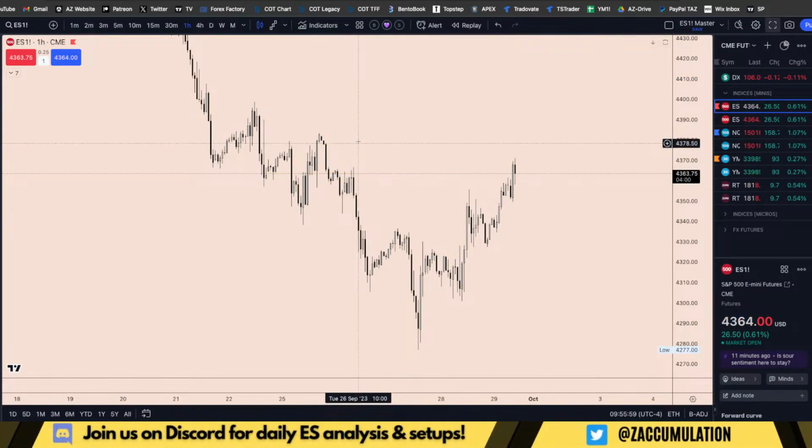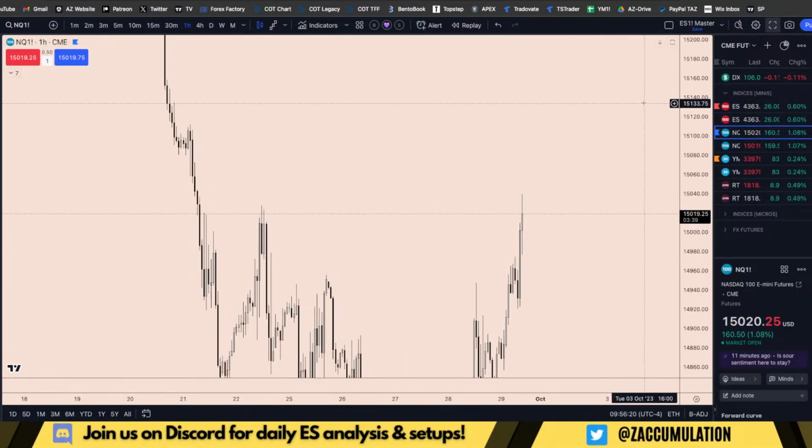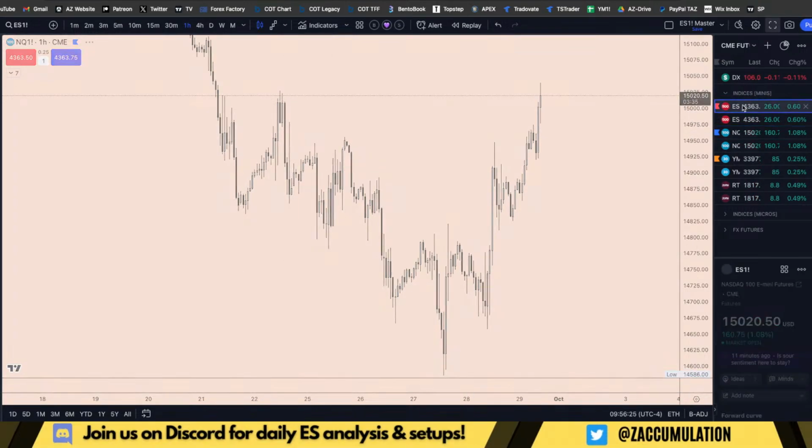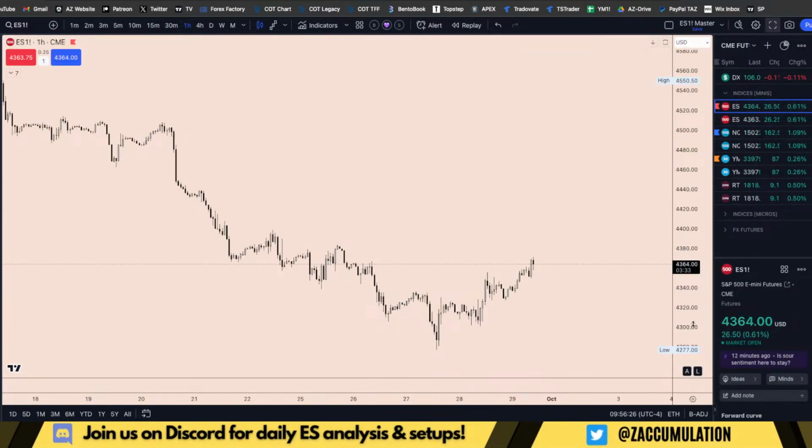And what do we see? Monday's high, Friday's high, current price action. So while NQ is playing somewhere at this level, relatively speaking, of course, ES is still below Monday's low and Friday's low. Once again, NQ above, ES below.